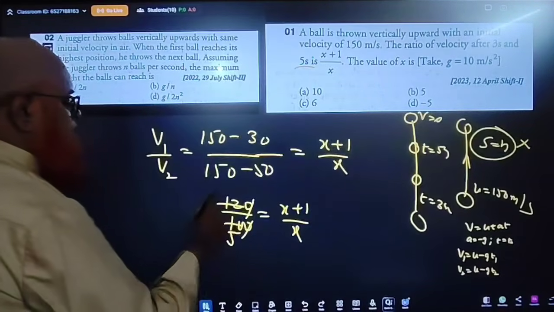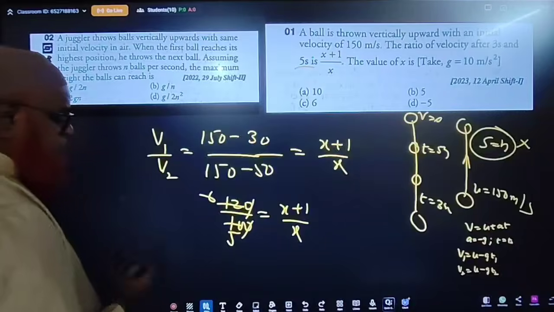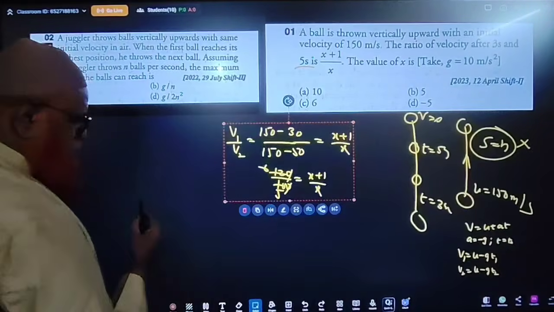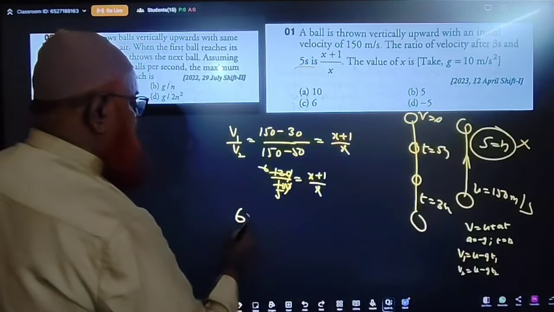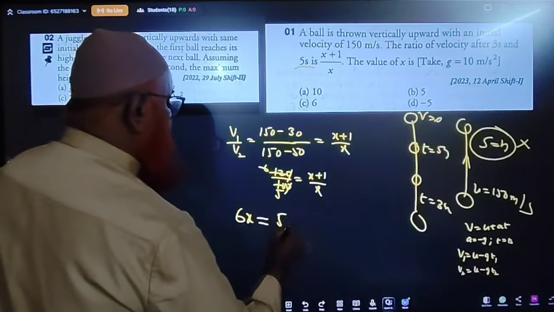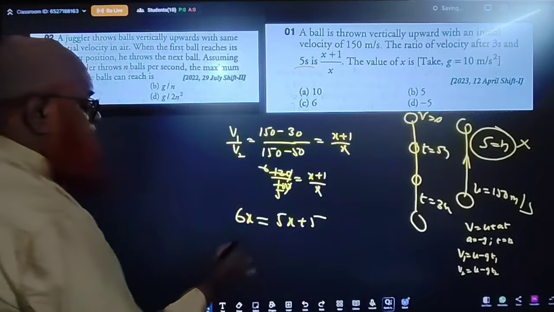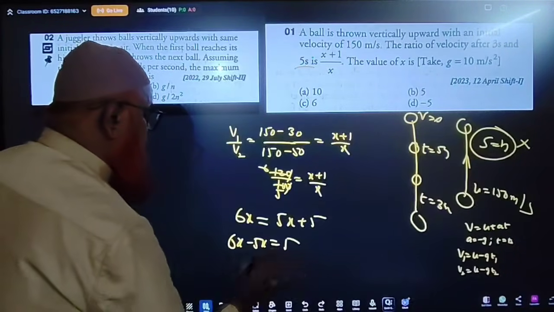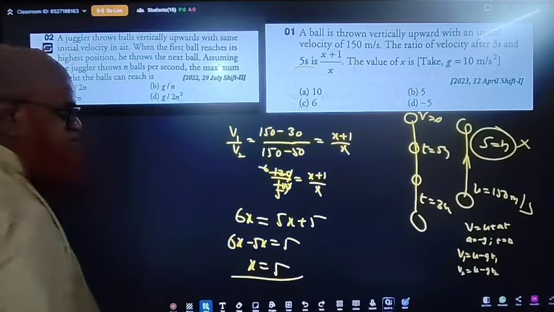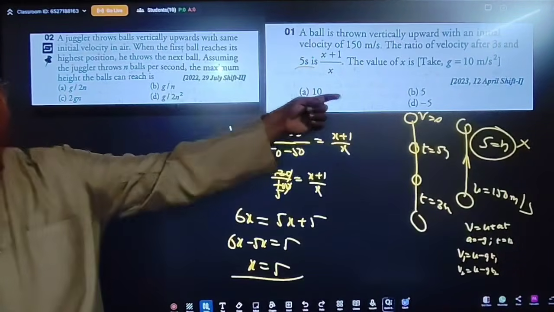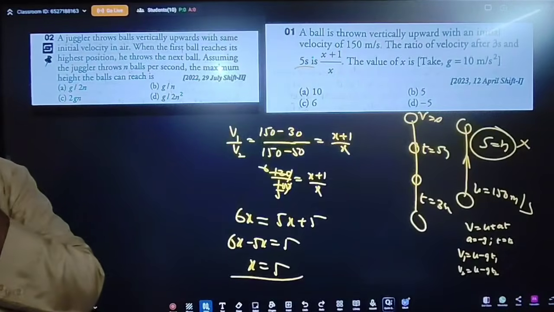Cancel, 2 fives are 10, 2 sixes are 12. So do cross multiplication: 6 into x, 6x is equal to 5x plus 5. Then 6x minus 5x is equal to 5. x equal to 5 is your answer. Hope you understood. The value of x is 5. Is it clear?